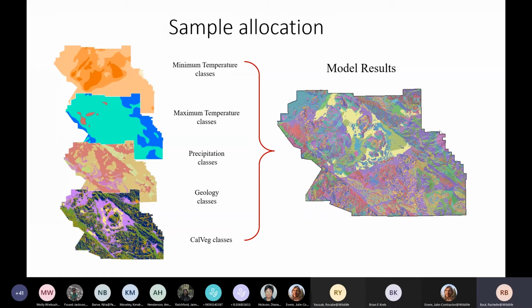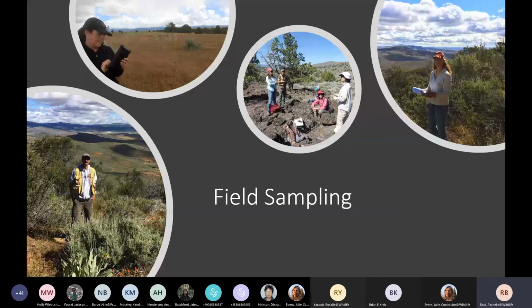So this approach, in combination with manually photo-interpreted allocation points and also subjective identification of stands by field crews, was used to maximize the efficiencies and also increase the diversity of vegetation types that were sampled. So that sample allocation was then used to direct sampling, which, as I mentioned before, started in 2016 for this project.